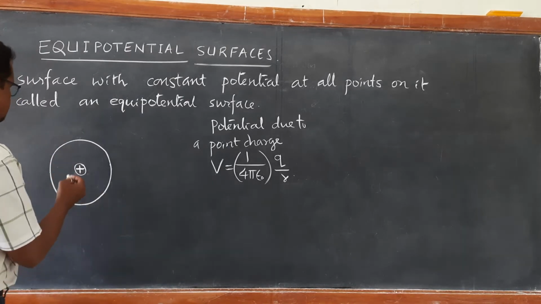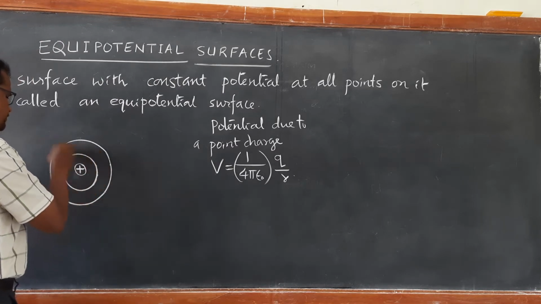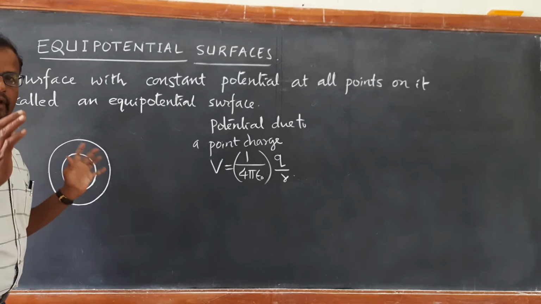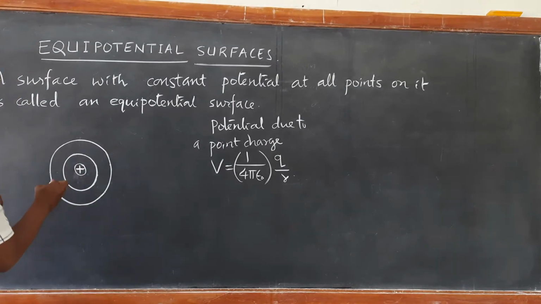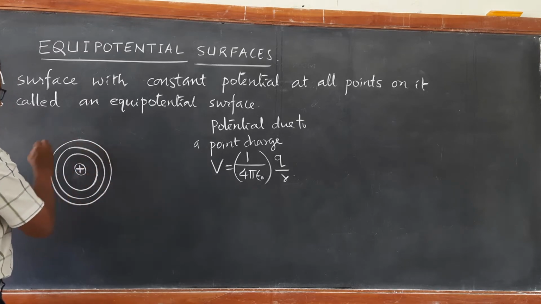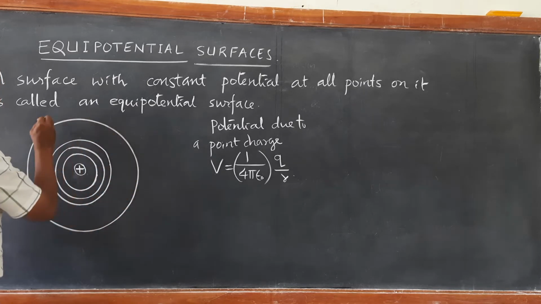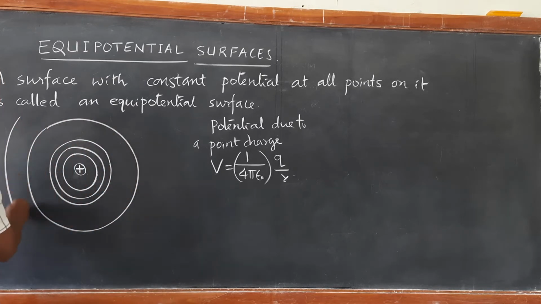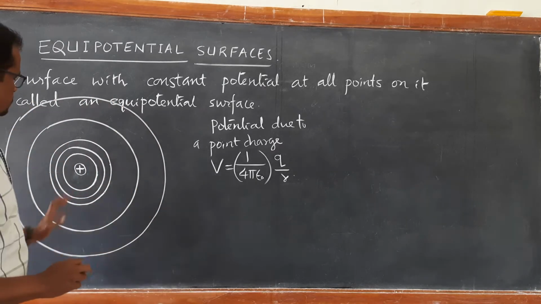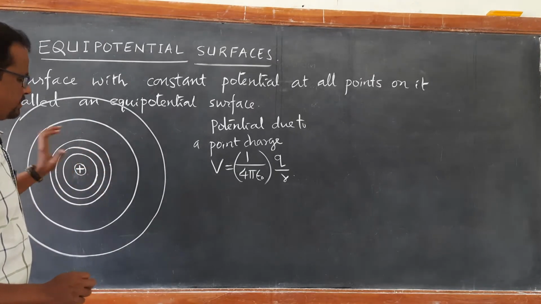The concentric spherical surfaces around the point charge represent the equipotential surfaces. But every spherical surface has its own value of potential. So, if you go on drawing equipotential surfaces, you will get this kind of equipotential surfaces around the point charge. So, this is a picture of equipotential surfaces of a point charge.